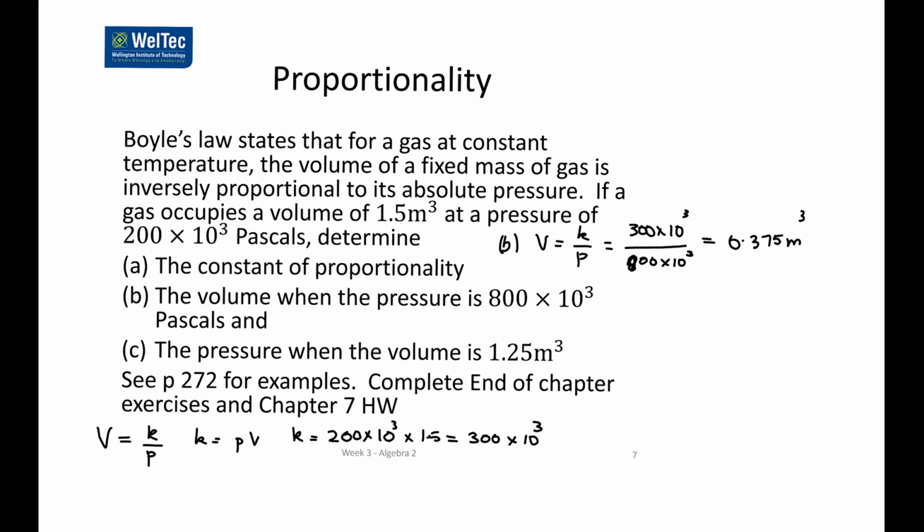You're asked then for part C to find the pressure when the volume is 1.25 cubic meters. So 1.25 is going to be equal to 300, the constant, times 10 to the power of 3 over the pressure that we currently don't know.